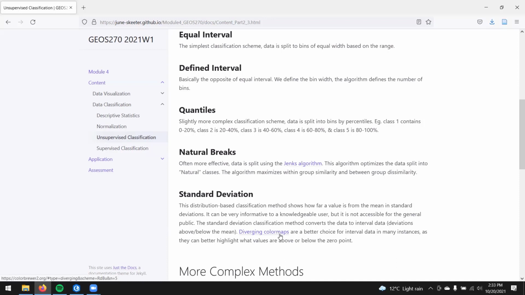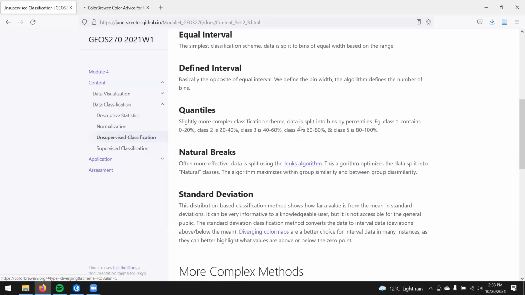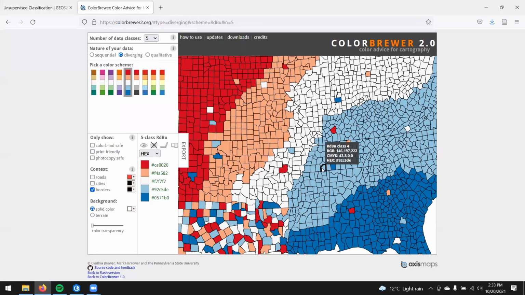I think I talked a bit about that in lecture on Monday. But diverging color maps are a good choice for interval data because they use two separate colors, like a red to blue gradation, to convey the fact that something is above or below.